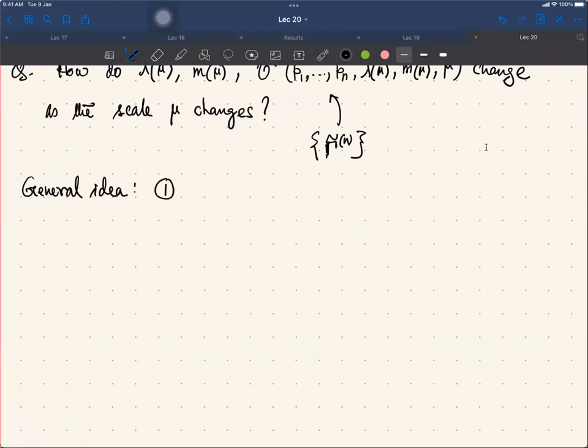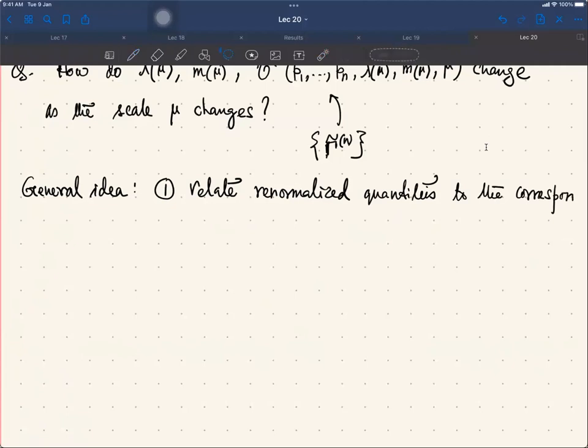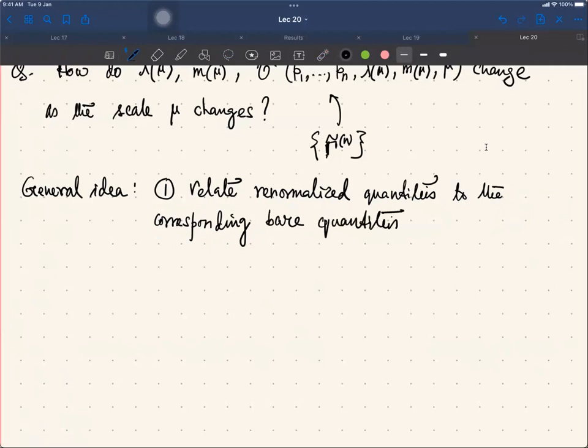First of all, relate renormalized quantities to the corresponding bare quantities, which are mu independent.